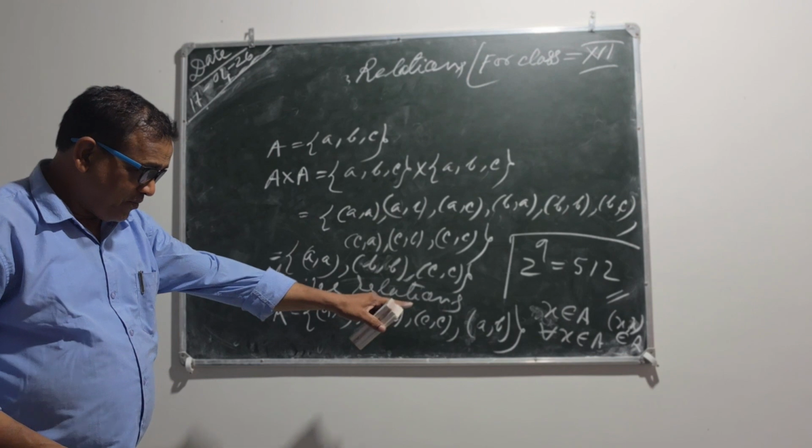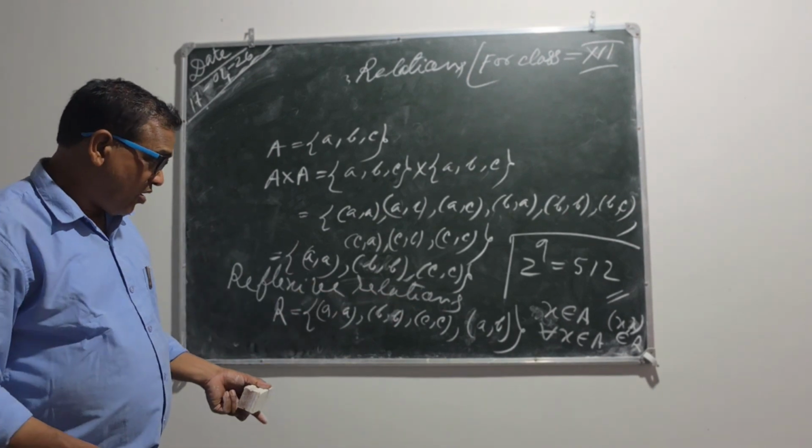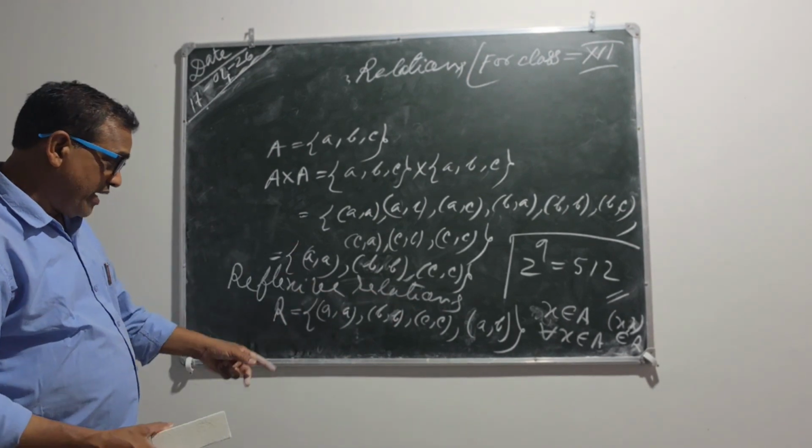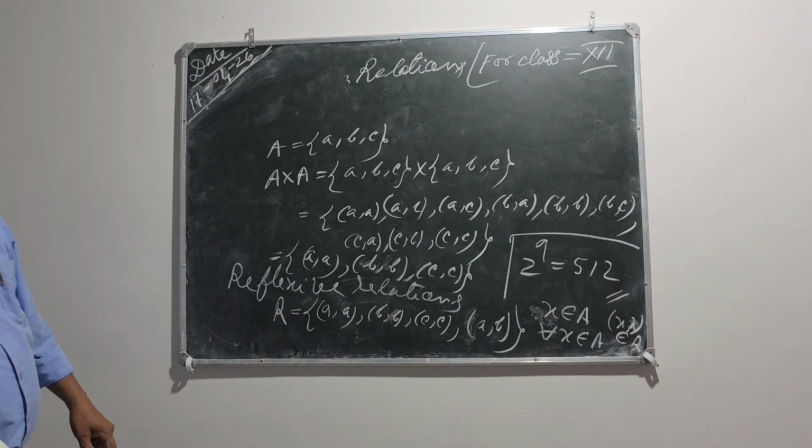Besides that, there may be any other ordered pair also. So this type of relation we can say is a reflexive relation.